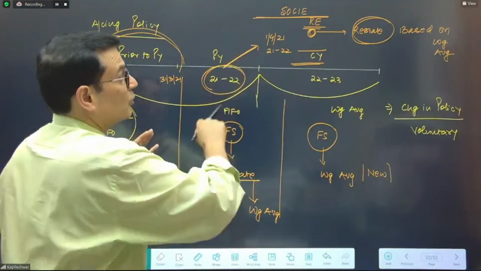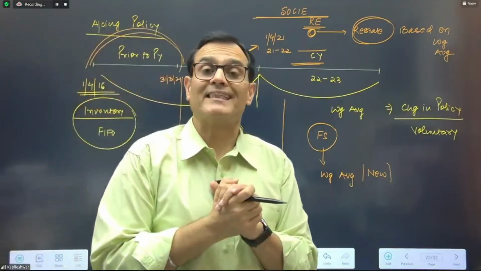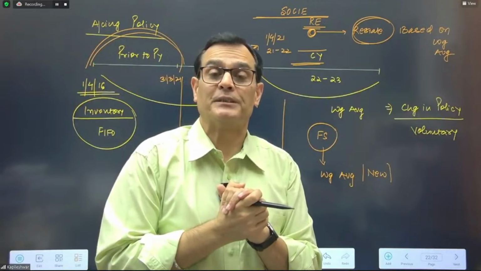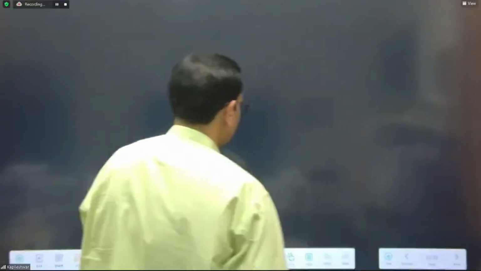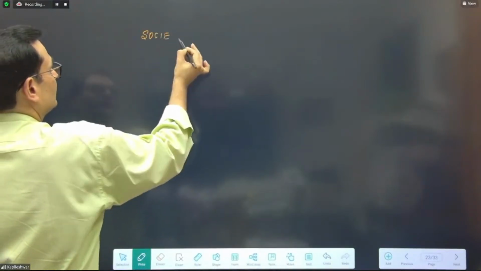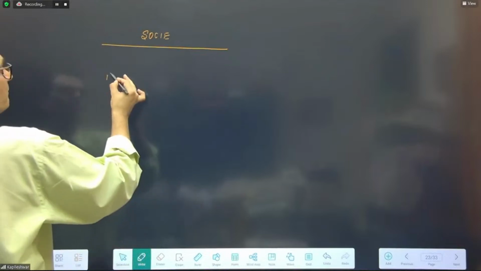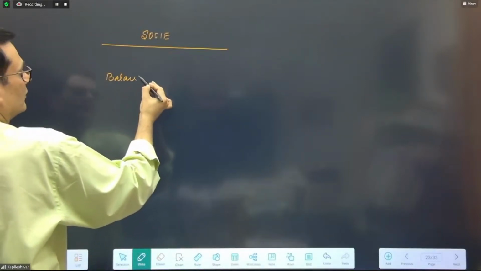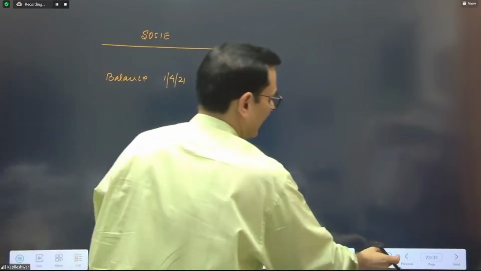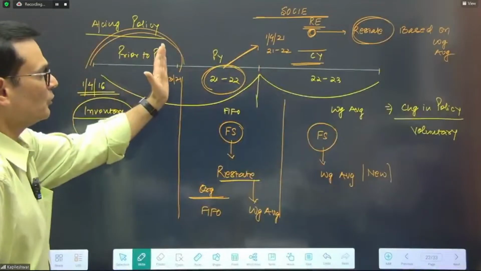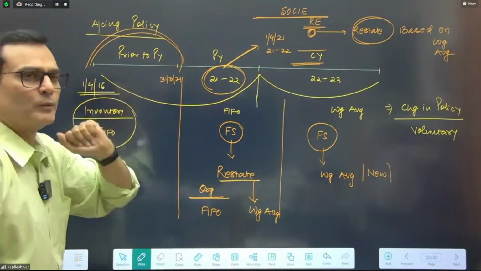And when you're going to make the previous year financials, along with the balance sheet on March 22, you're also going to present a statement of changes in other equity. So in this particular case, when you're going to make a statement of changes in equity, you're going to consider the balance on 1st April 21.